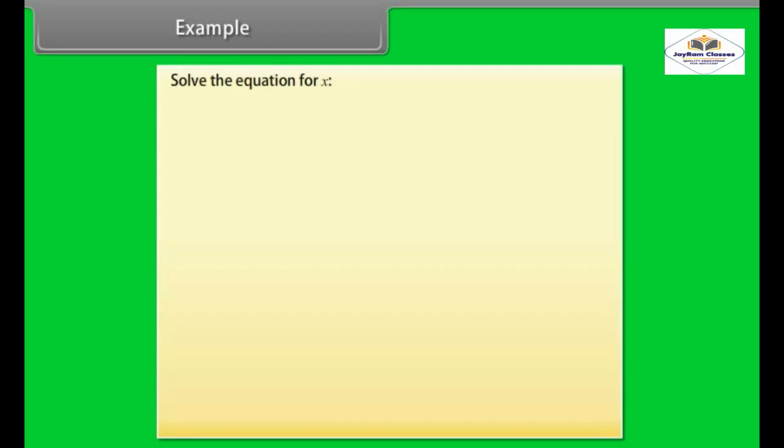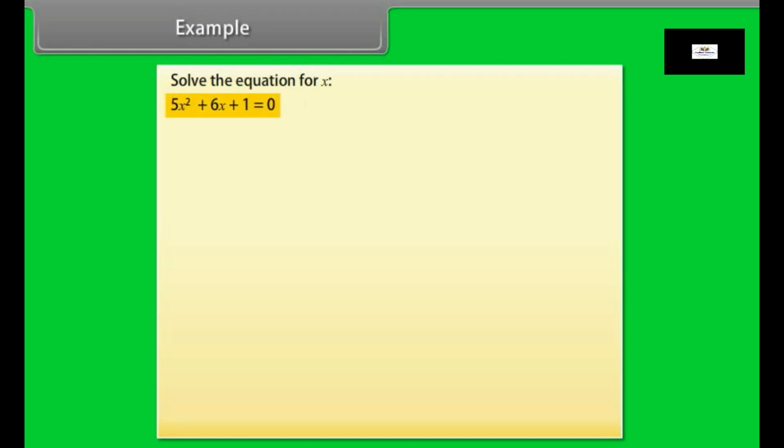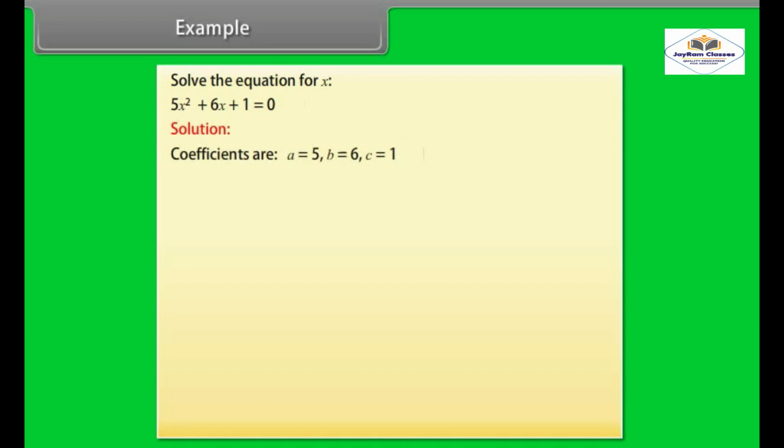Example. Solve the equation for x. 5x square plus 6x plus 1 is equal to 0. Solution. Coefficients are a is equal to 5, b is equal to 6, c is equal to 1. D is equal to b square minus 4ac.